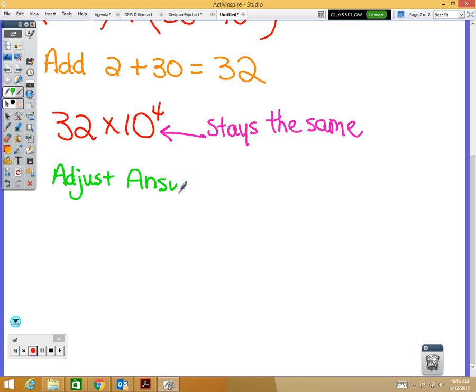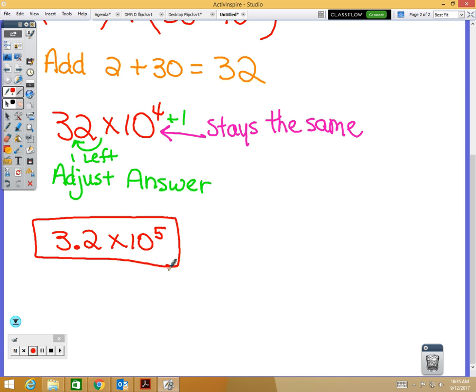And as a reminder, when you adjust your answer, if we're moving 1, which is what we need to do here, we need to move 1 left, then I need to add 1 to my exponent. So this is going to leave me with the final answer of 3.2 times 10 to the 5th power.